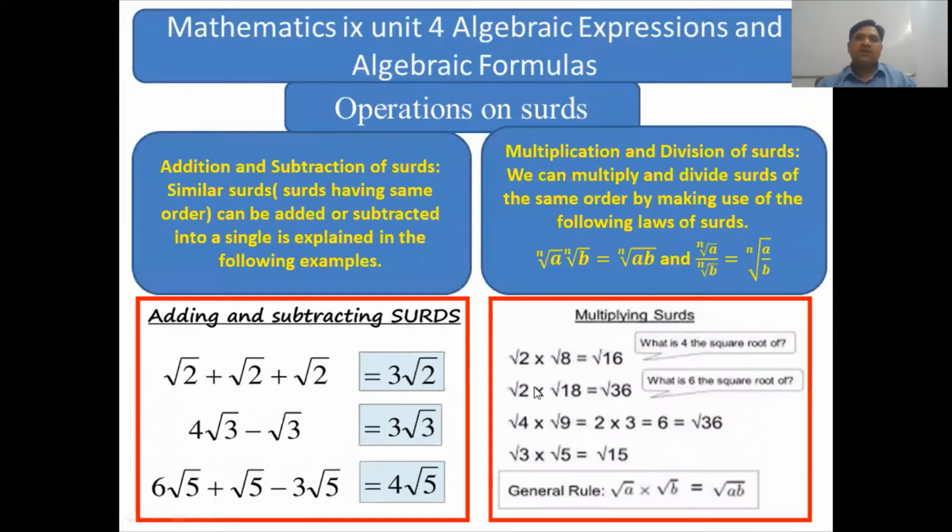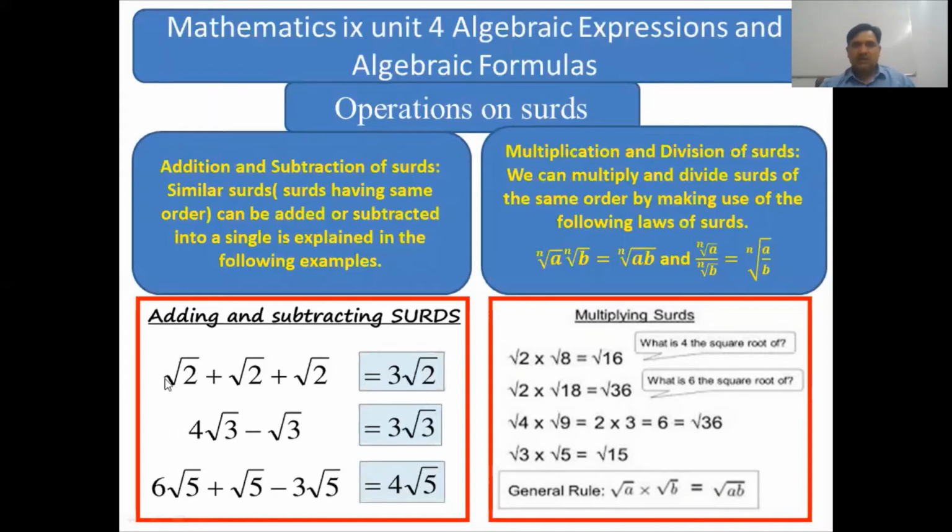Now we are going to define operations on surds. Addition and subtraction of surds. Similar surds having the same order can be added or subtracted into a single surd, and we are explaining this concept in these examples. Here this is square root of 2, this is square root of 2, and the order of this surd is 2.